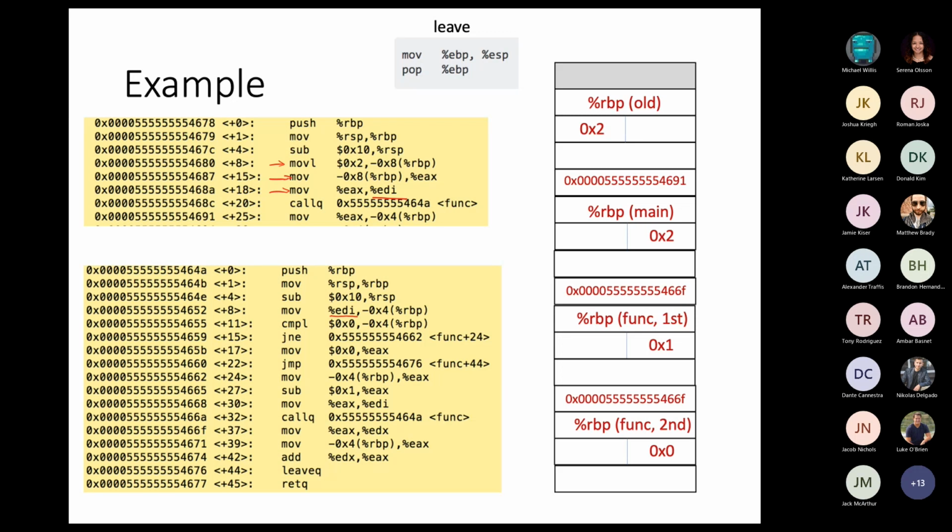We move number 2 to the RBP minus 8. So we find the original number. We move number 2 through these chains of memory locations and variables, and then we finally reach EDI. So after these 3 instructions, EDI would have number 2 inside. Did I answer your question? Okay, great.